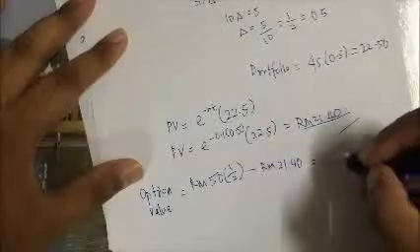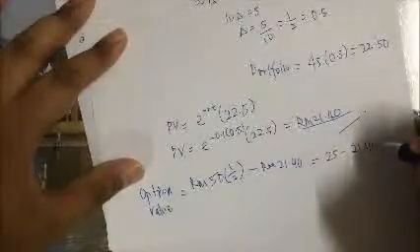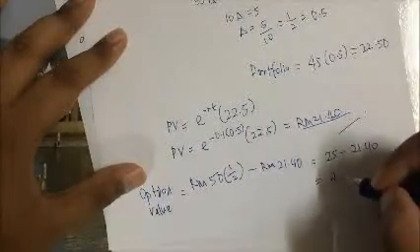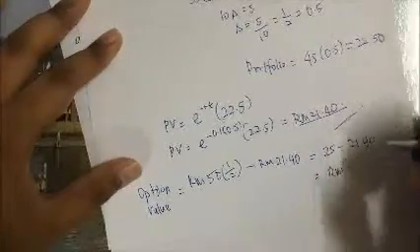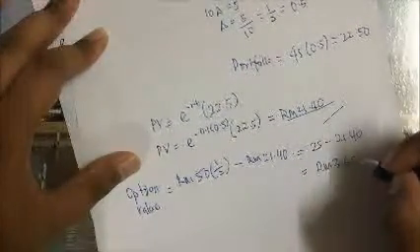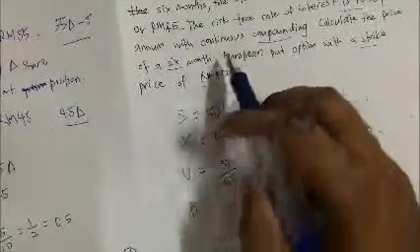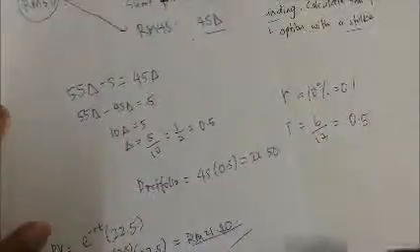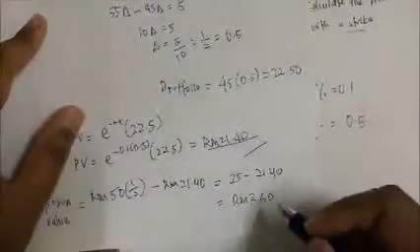So that would be half of the 50 ringgit, 25, minus 21.4, and so the option value here is 3 ringgit and 60 cents after 6 months. The option value will be 3 ringgit and 60 cents.